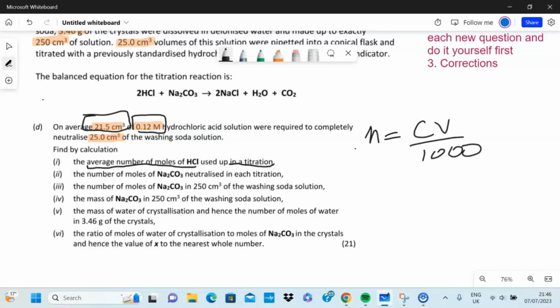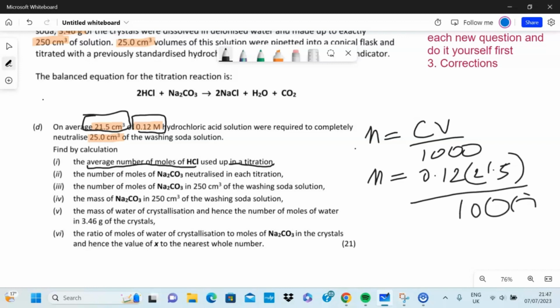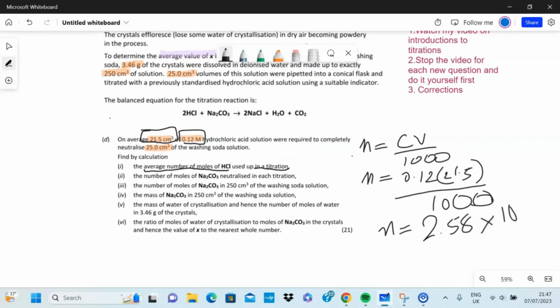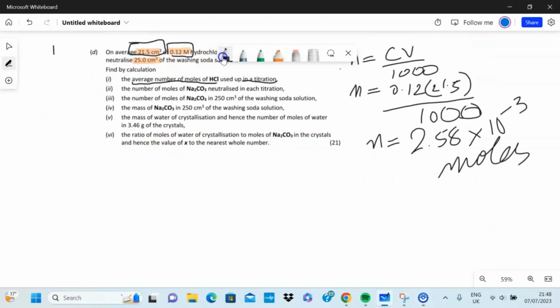So if I do that, n equals concentration 0.12 multiplied by volume 21.5, divided by 1,000. You can easily tell which is which by your good number, bad number technique. So n equals 2.58 multiplied by 10 to the power of minus 3 moles of HCl.